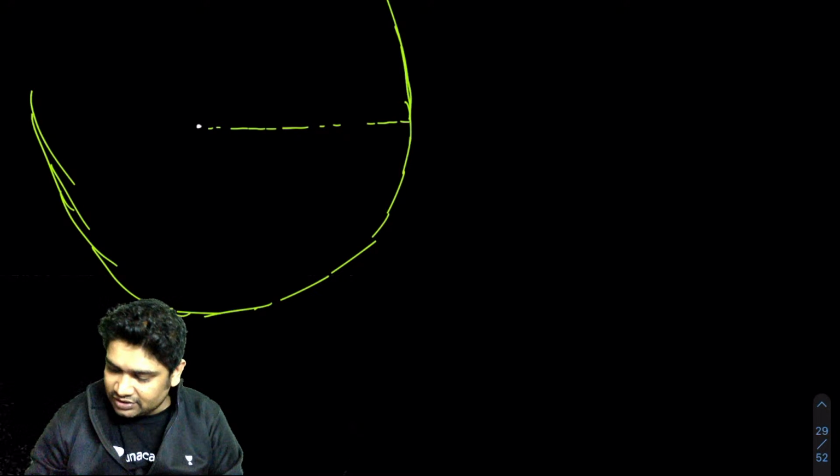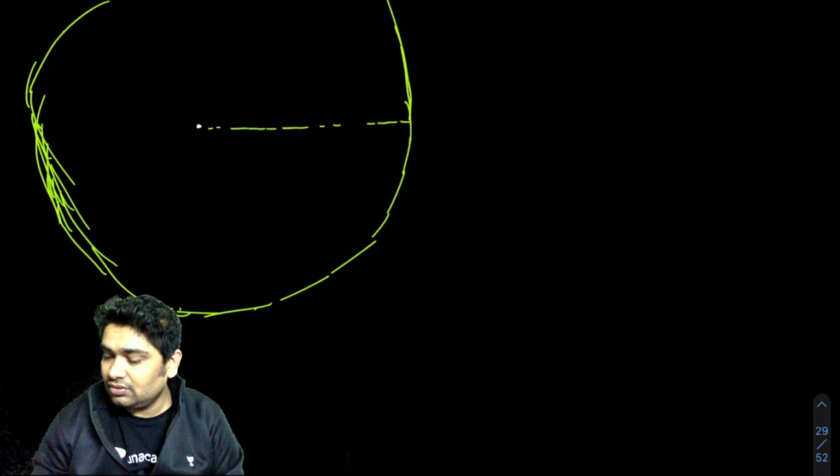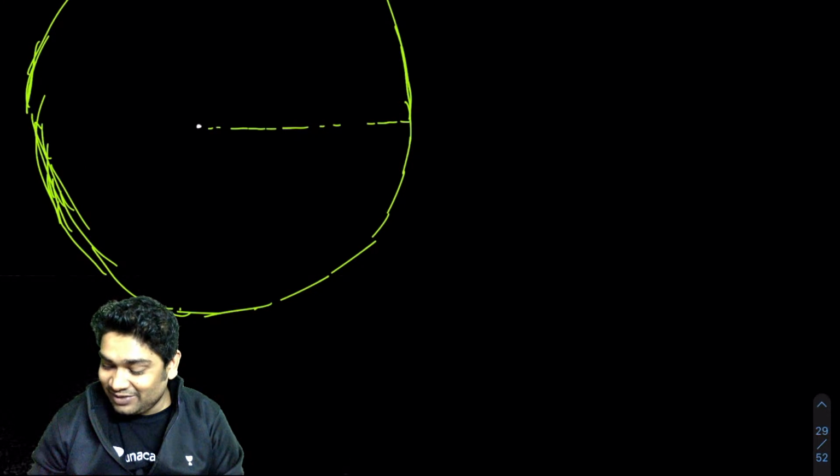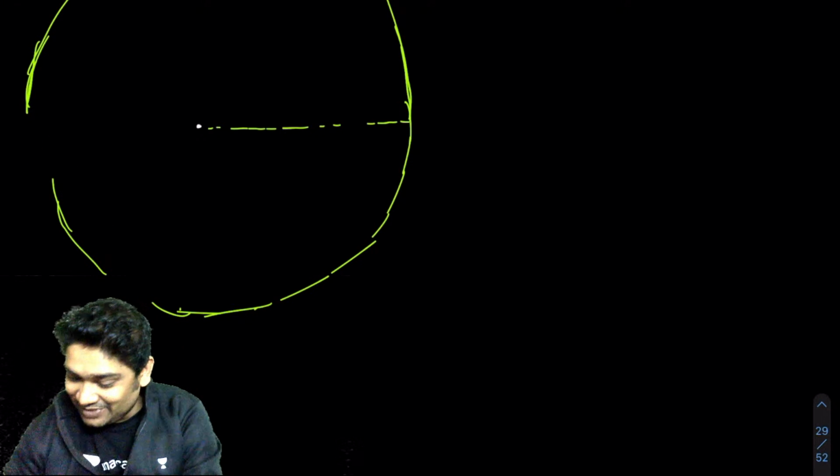So something like this. It would have spread in this kind of a circle. Okay, just try and visualize. I'm super bad at drawing, so try and bear with my drawing and visualize this. I will try to do the best that I can.